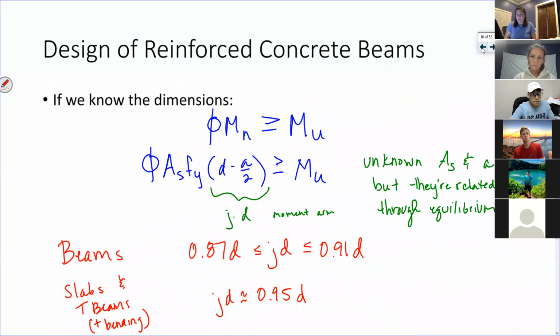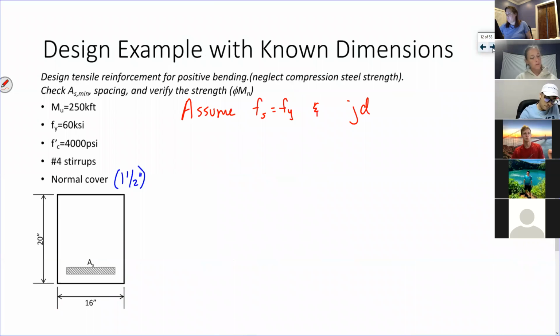This is just a regular beam. And let's see, my d, I'm assuming I'm gonna have a single layer, so d is h minus 2.5 inches. So 20 minus 2.5 inches is 17.5.